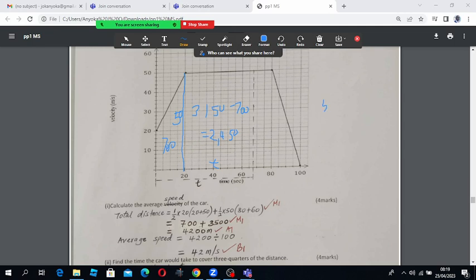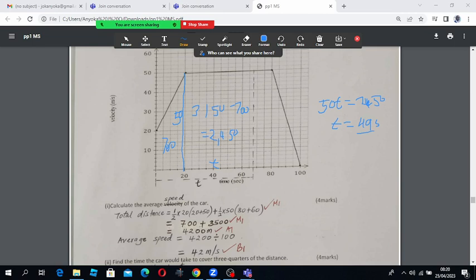So 50 times t equals 2450. What is the value of t? Divide 2450 by 50. 49.